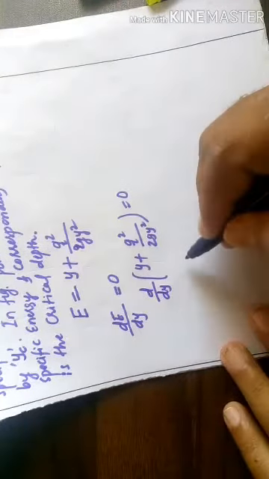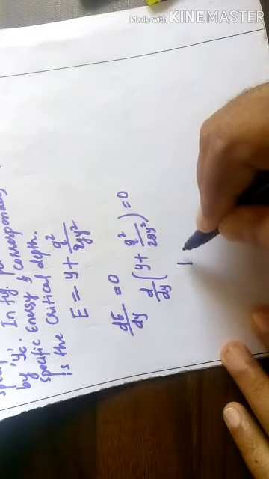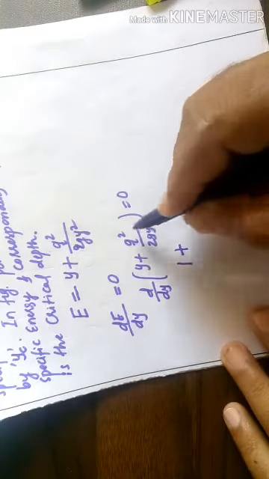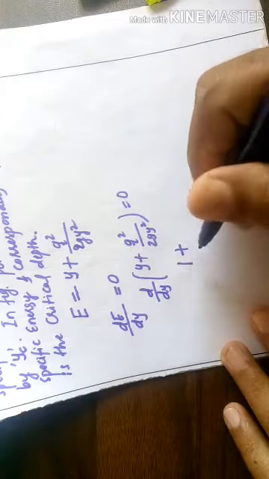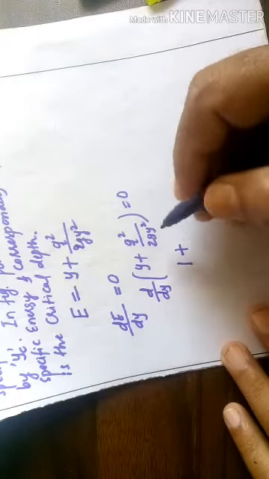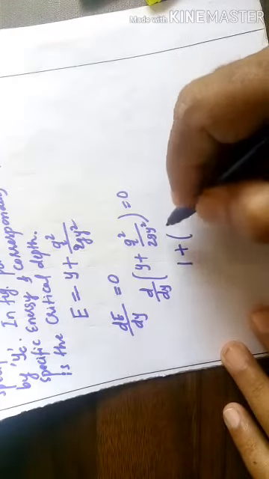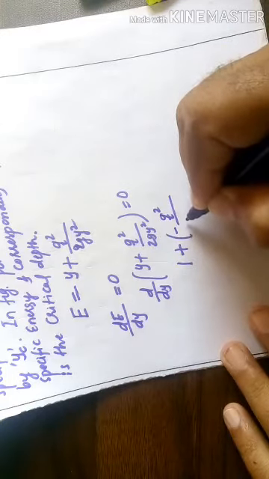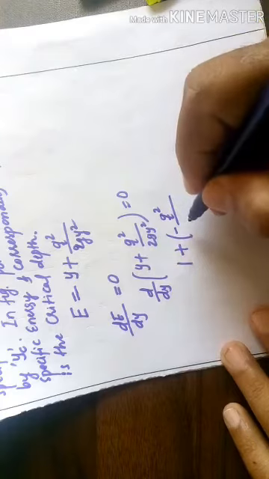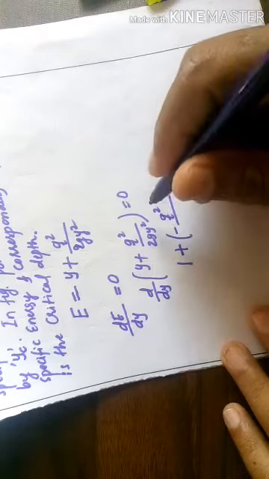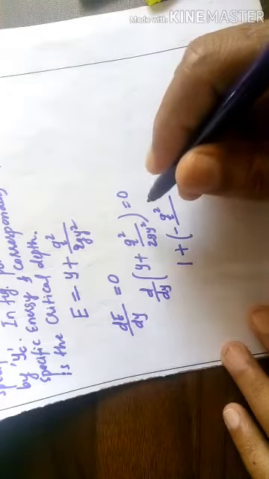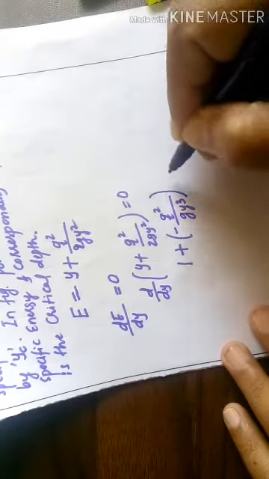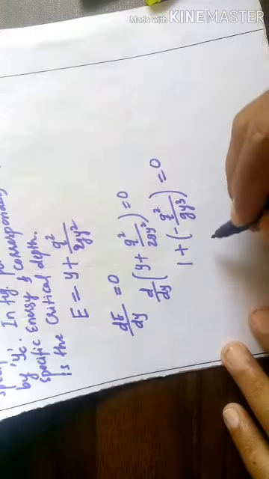The differentiation of y is 1 plus, then the constant, then differentiation of 1 by y square gives minus q square divided by g y cube.